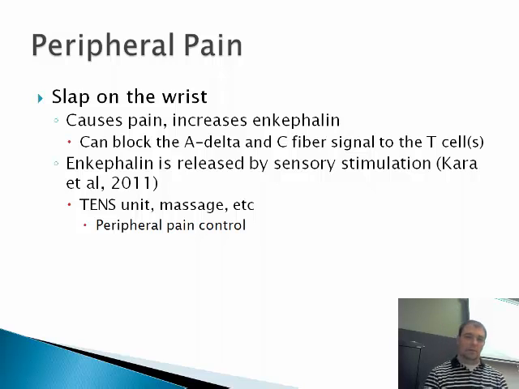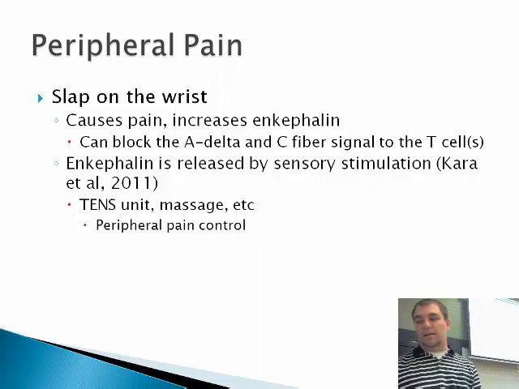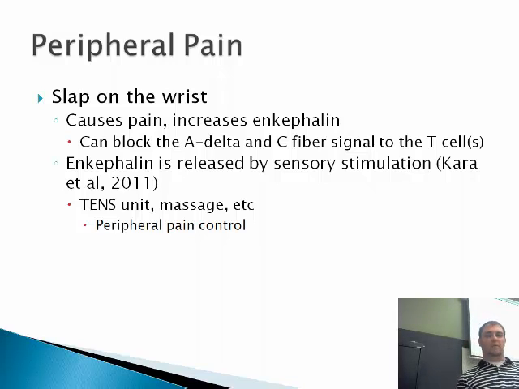So we can do things as an athletic trainer to help manage that pain. And this is where this topic got very tough for me to distinguish how I wanted to go about this presentation, because I know another classmate has the electrical modalities. So I talk a little bit right here about TENS units.